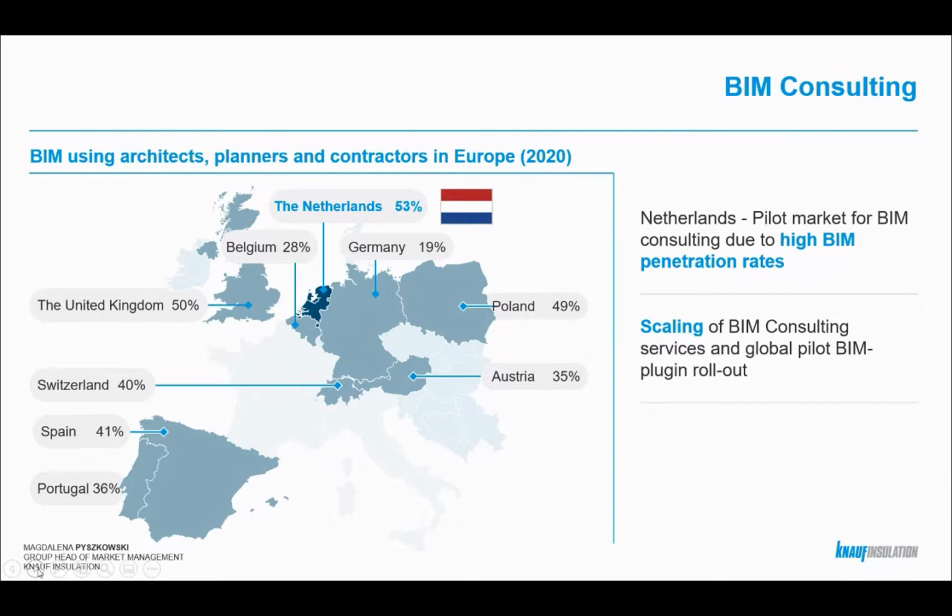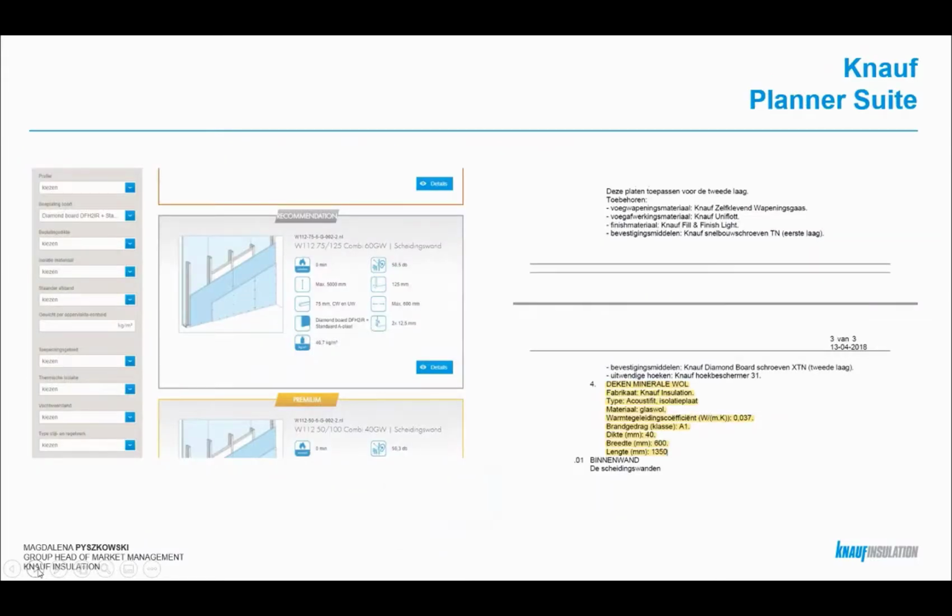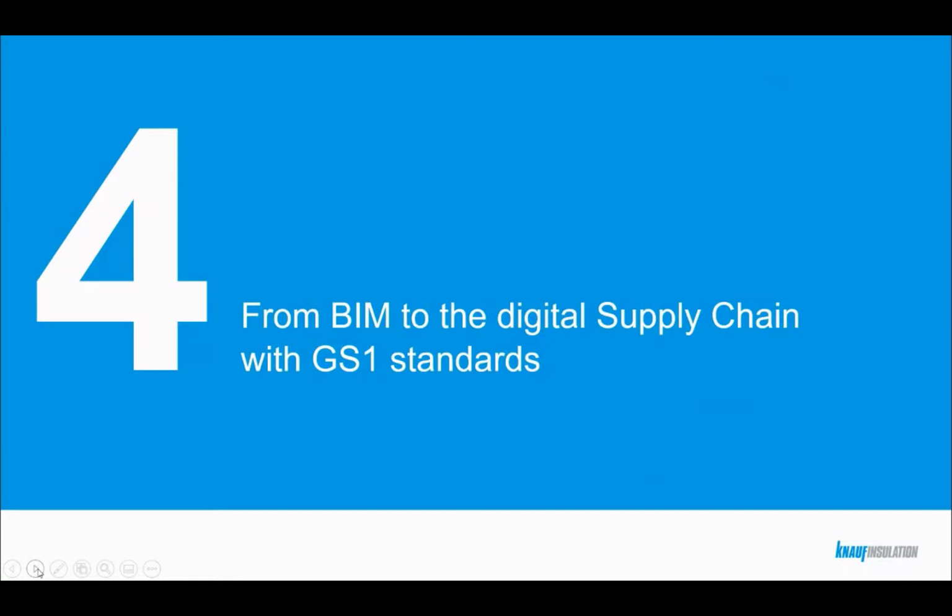So once they have a BIM model, they want to have the variants of the different products, and we provide the consulting and BIM models of the specific BIM building component. This is also with a web-based planner suite, the Knauf planner suite, which will also be delivered to each entity of Knauf, including Knauf Insulation.